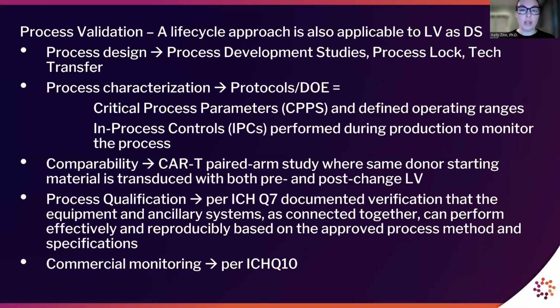The process characterization would also evaluate the choice and range of concentrations of the stabilizers and cryopreservatives in the final formulation, and also evaluating parameters related to the container closure system.